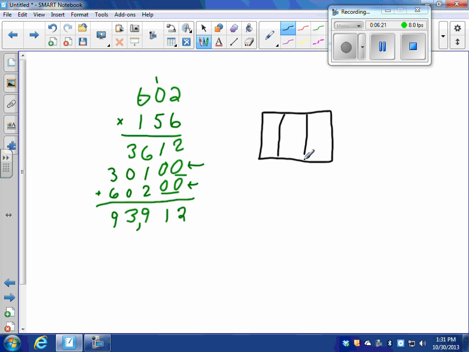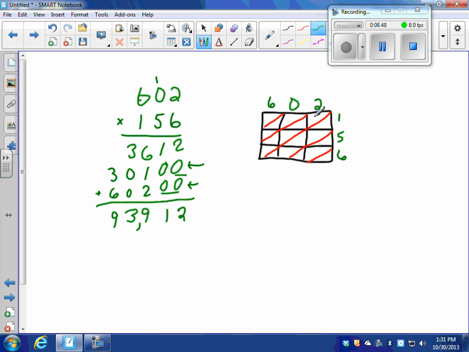I'm going to draw in my messy boxes. And my diagonals. And then I would just write 6, 0, 2, and then 1, 5, 6.